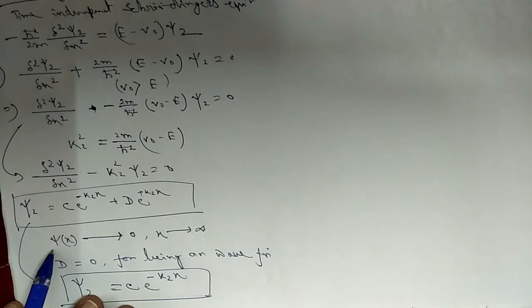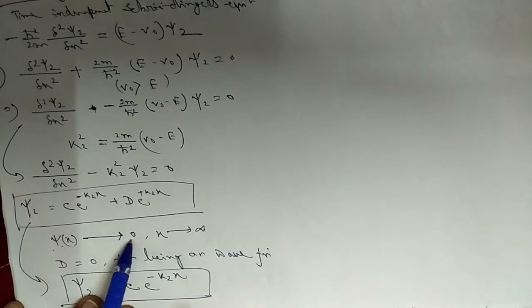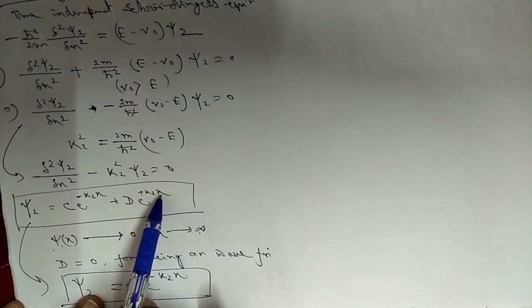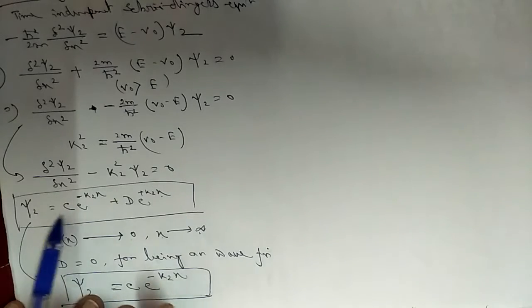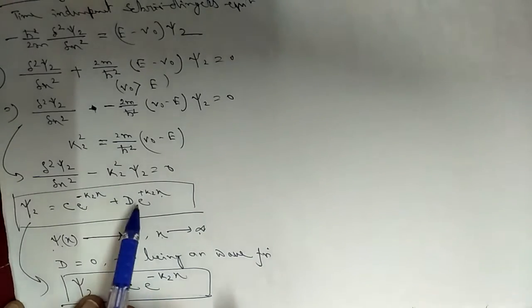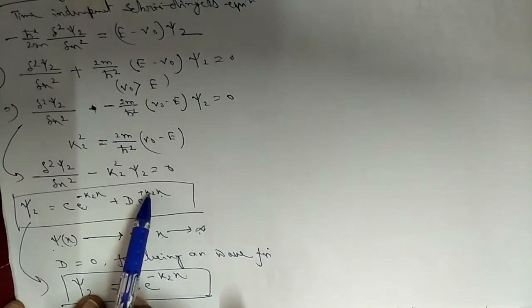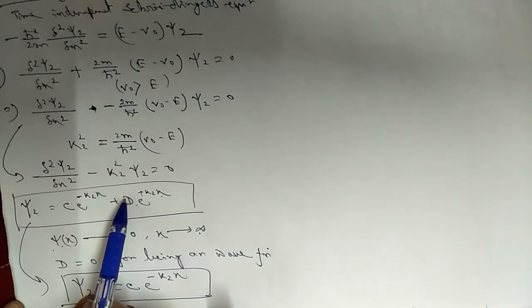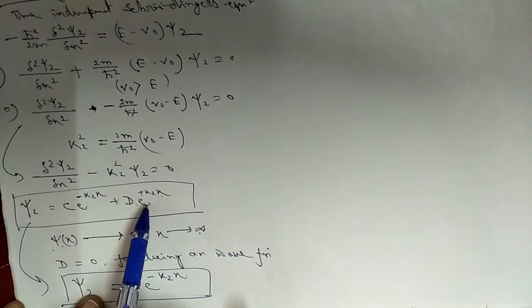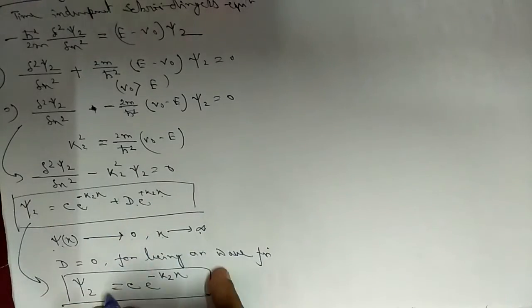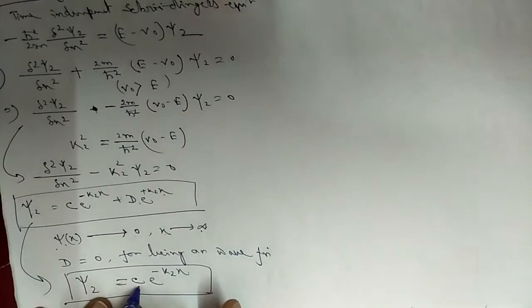The physical characteristics tell that psi should be 0 when extending to infinity. Put x equals infinity here. This term, e to the power minus infinity, is 0, but e to the power plus infinity is not 0. So the only possibility is that D must be 0, otherwise the whole function will not be 0. So this is reduced, and you are getting only one constant here.